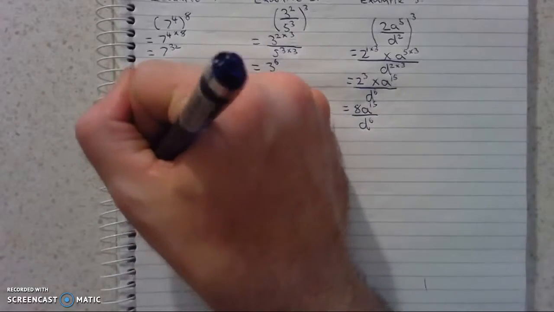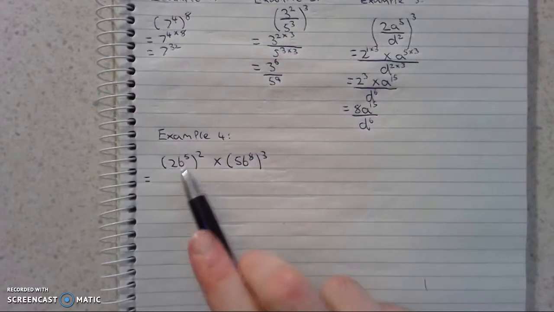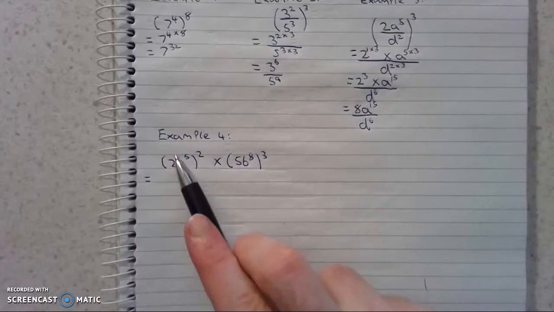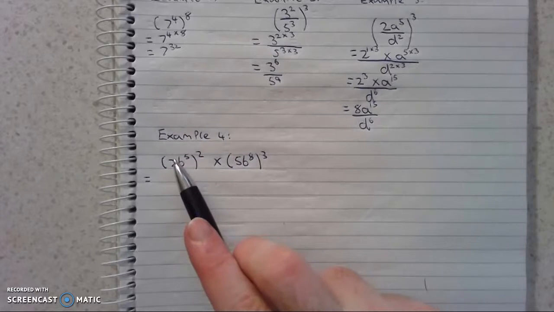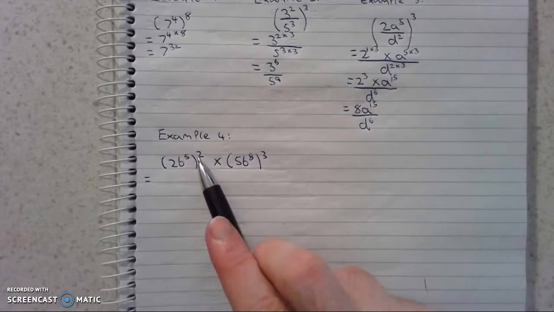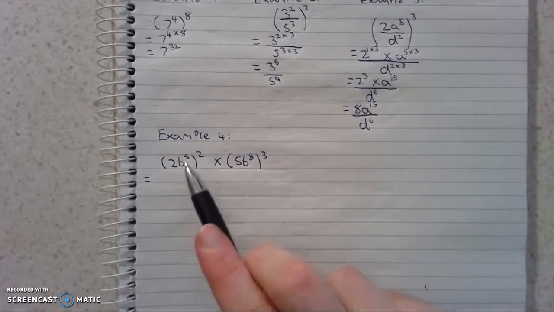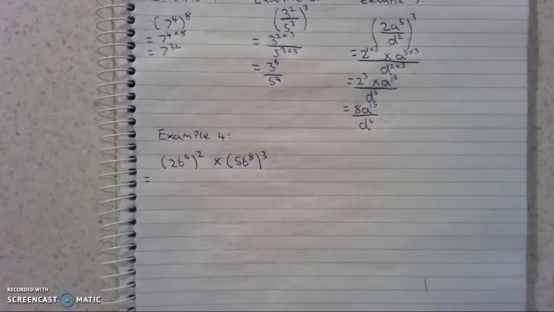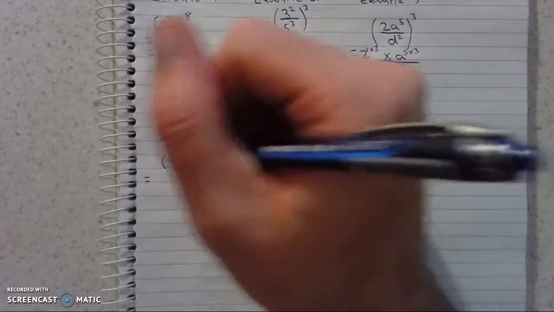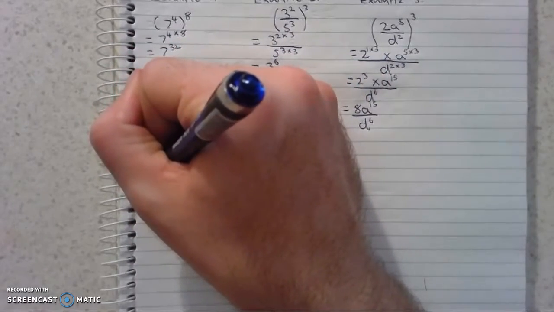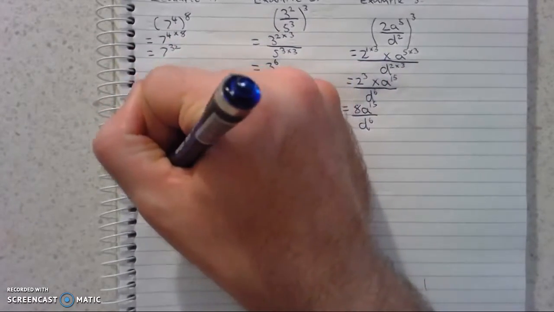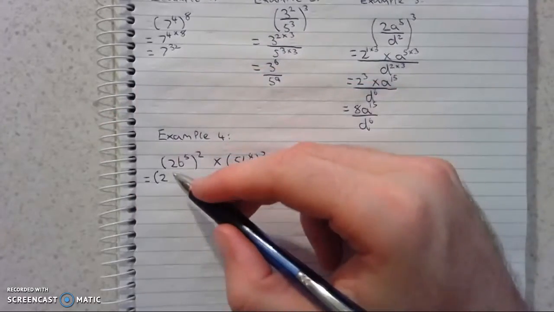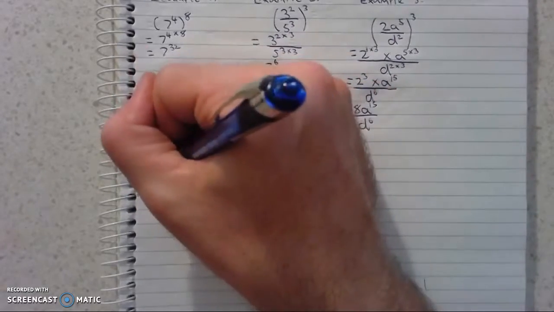Now what we need to do here, guys, is we know that everything inside the brackets, their indices need to be multiplied by everything outside the brackets. Everything here multiplied by this, and everything here multiplied by this. So now that can be broken down to 2, which we know anything by itself will be to the power of 1.